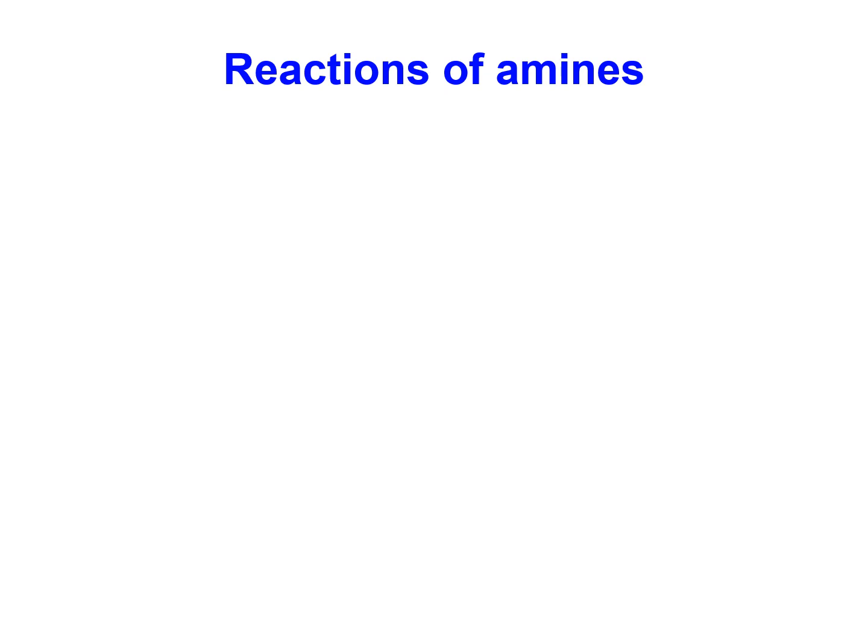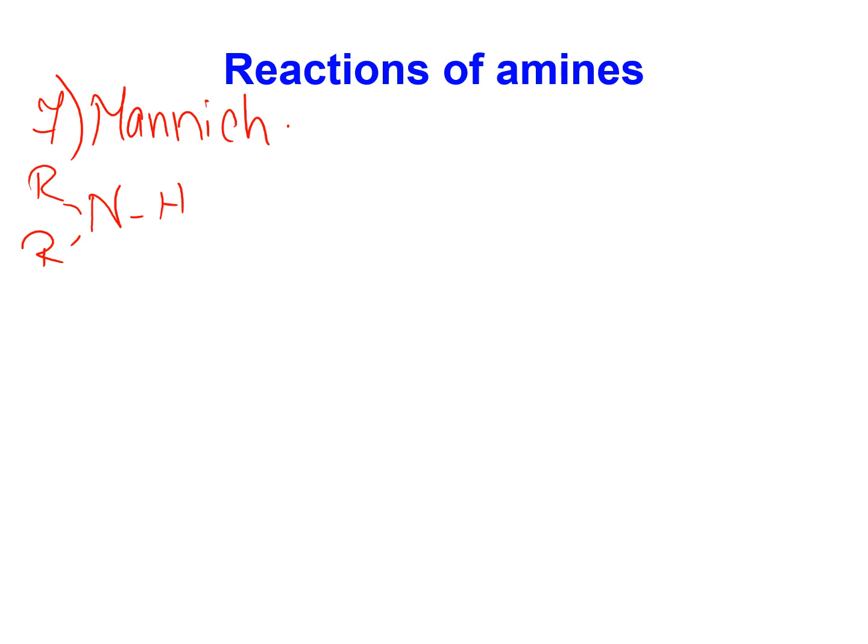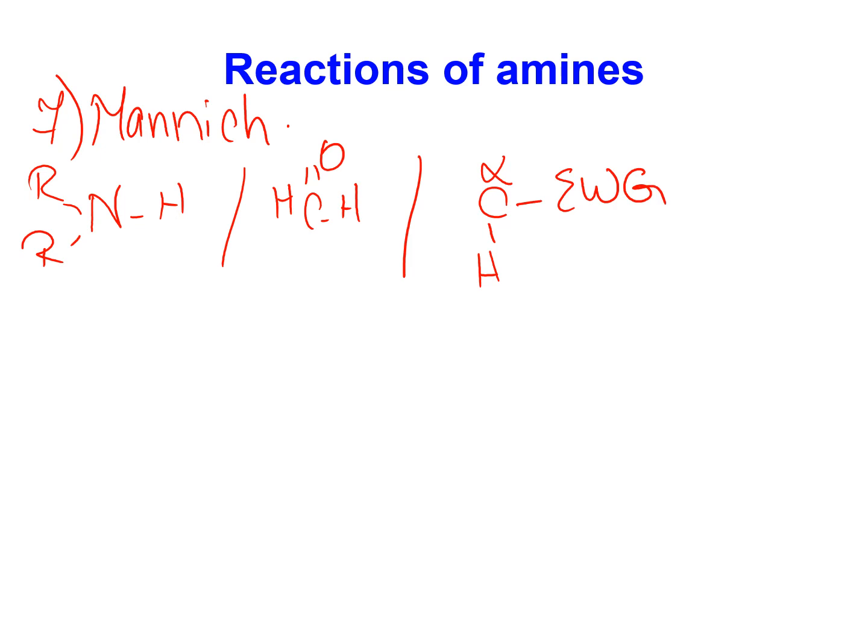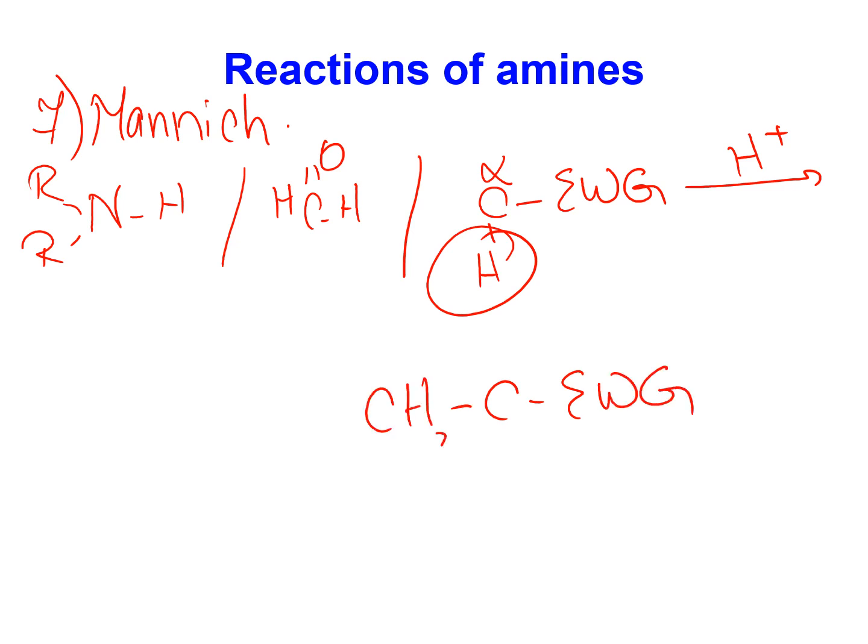The last reaction of the amino group is the Mannich. If you remember, in part 1 of nitrogenous compounds, we said that if you use a secondary amine with formaldehyde with a compound that has an alpha acidic hydrogen in presence of inorganic acids, you will remove this alpha acidic hydrogen and you will add the CH2 of the formaldehyde and the nitrogen of the amine.